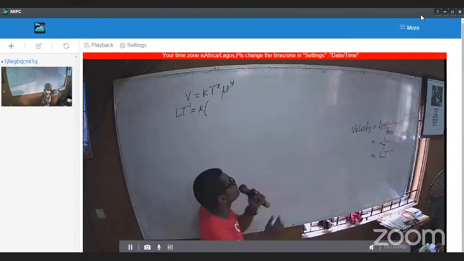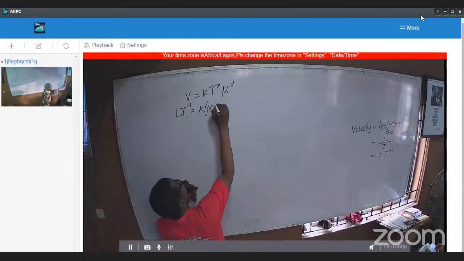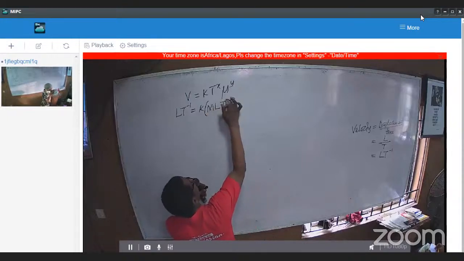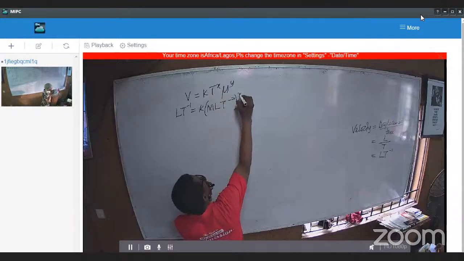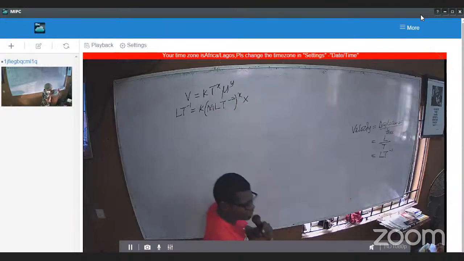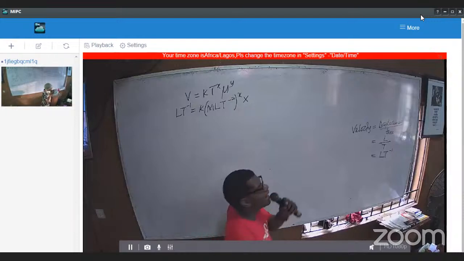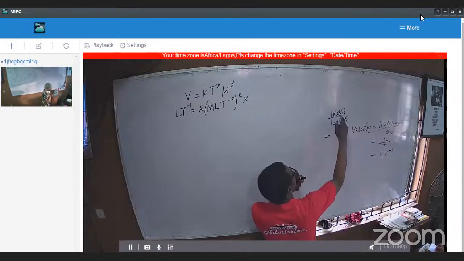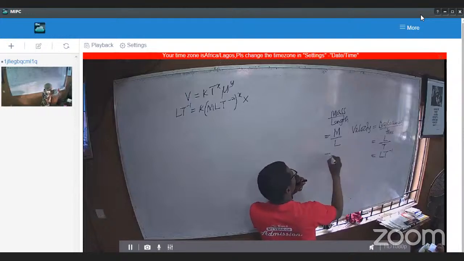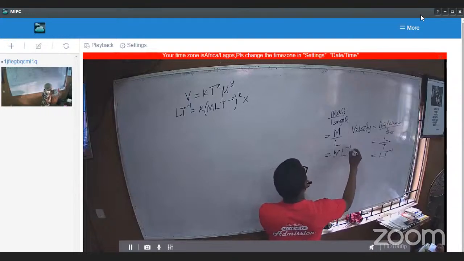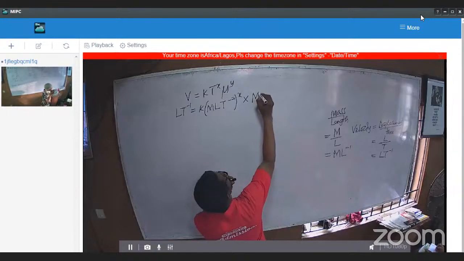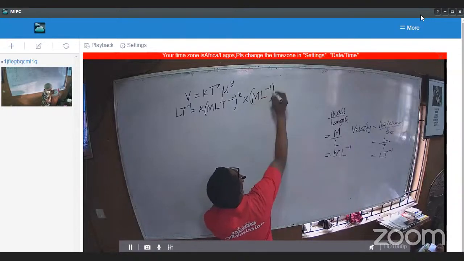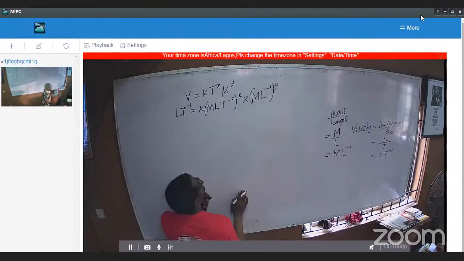The dimension for force is MLT minus 2, put it here with power X. What's that mu they give us? Mass per unit length, so you have ML minus 1, power Y.